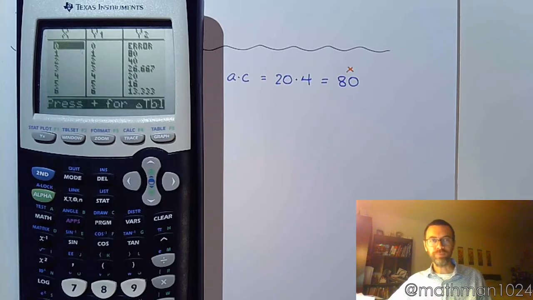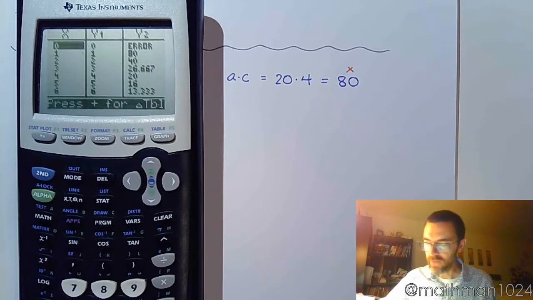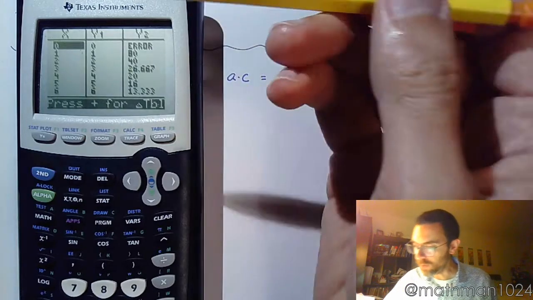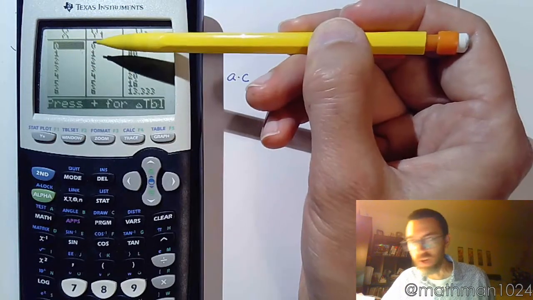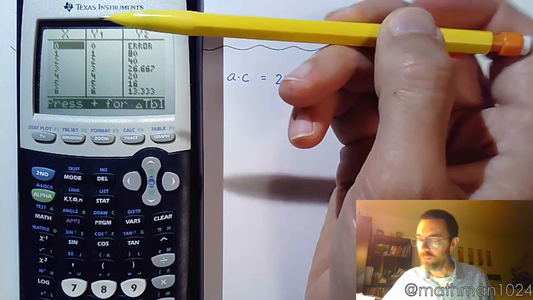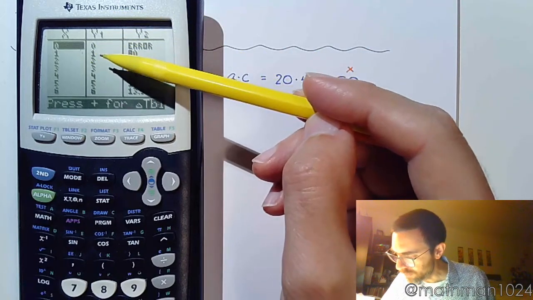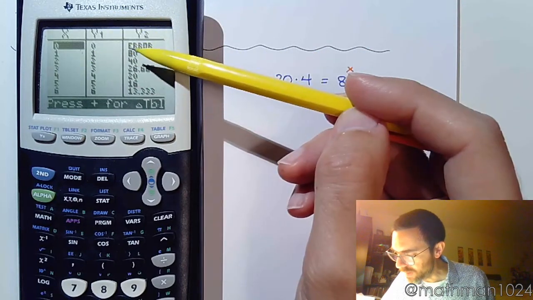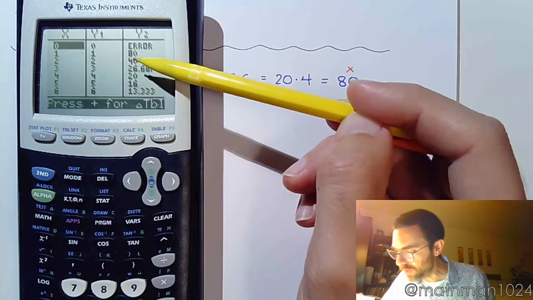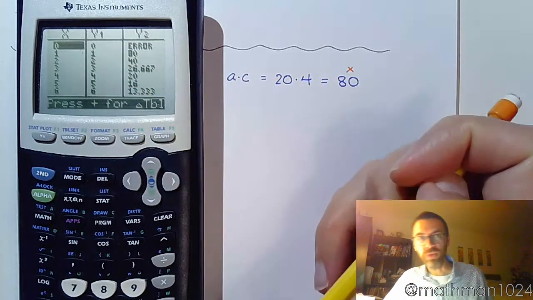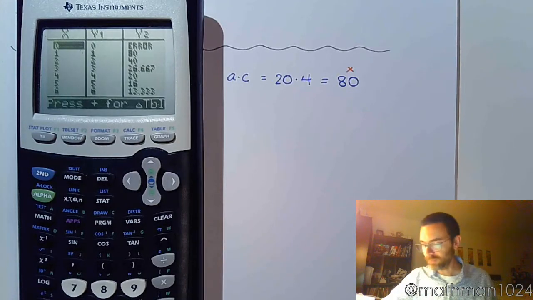Now this first line right here doesn't really make a whole lot of sense for us, because you're not going to be dividing by 0, right? But look over here. 1 goes in 80 times, 2 goes in 40 times, and so on. So you can find all of those factor pairs.